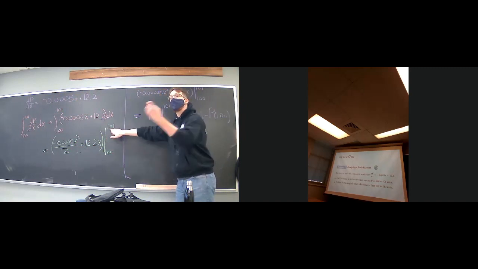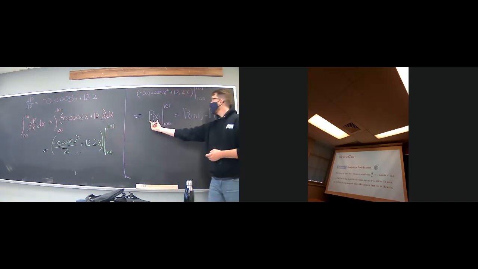You don't have to do the integration a second time once you know what the P of X is going to be, right? Once you know what this thing is, you're good, you're golden. Now if you need to do it again with different bounds, keep the same thing. As long as you're not using a piecewise equation, you're good. Make sense?